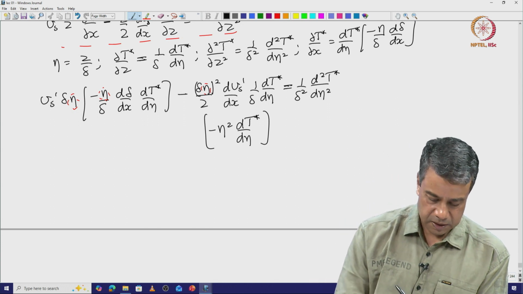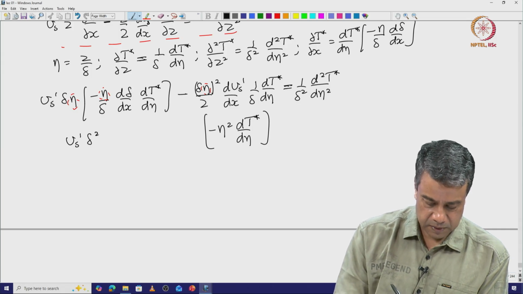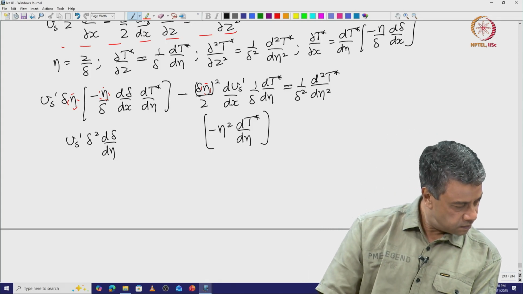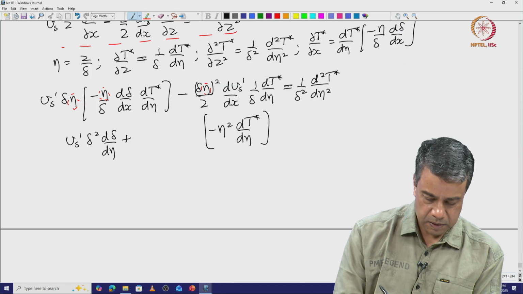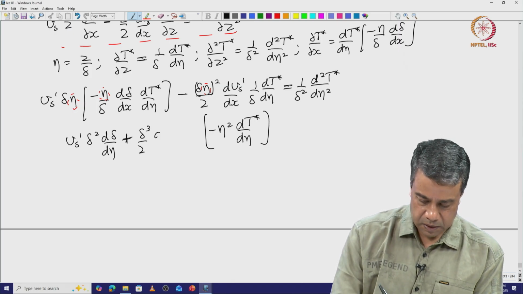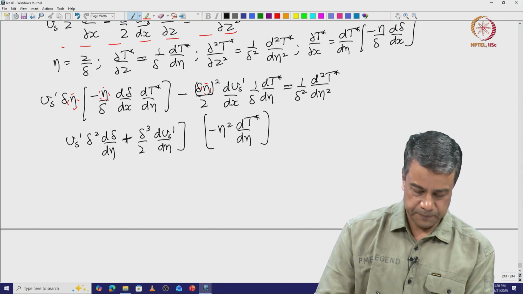This will be Vs prime delta square d delta by dx plus delta cubed divided by 2 dVs prime by dx.